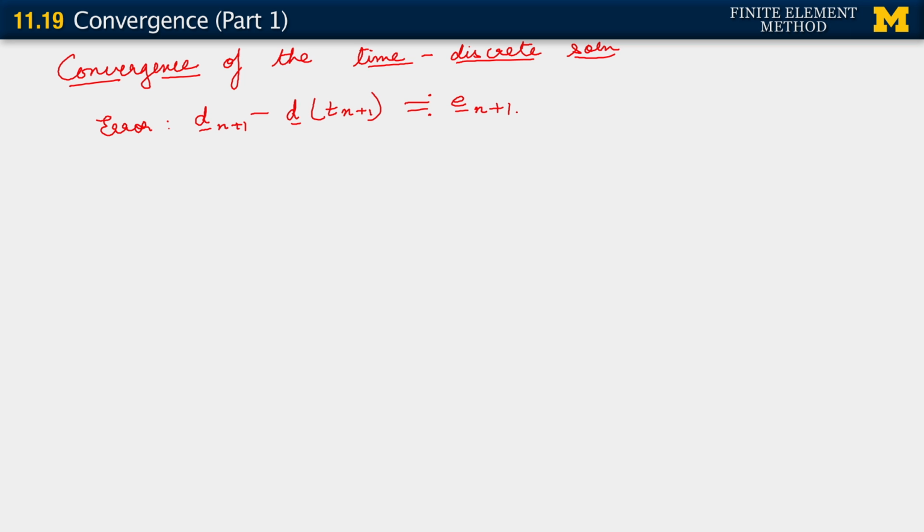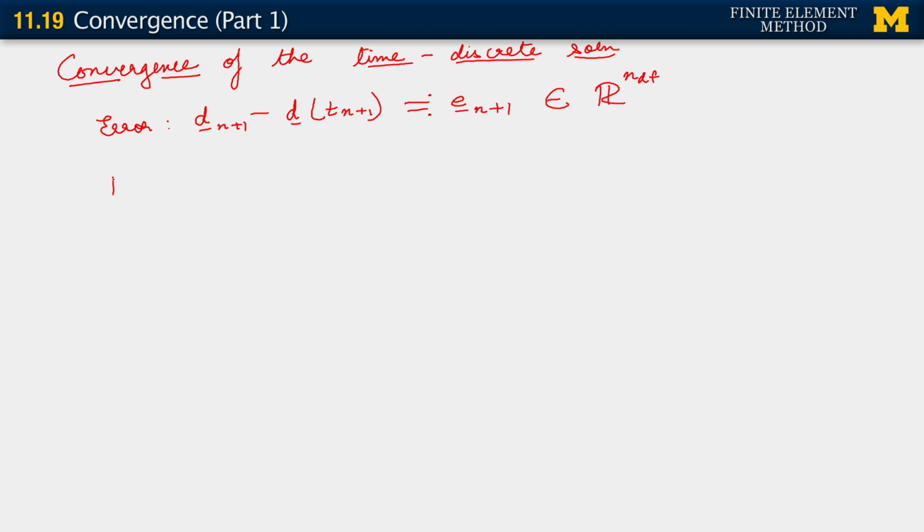Now, E n plus 1 is just another vector in the same space, right? Just as d at n plus 1 and d at t n plus 1 are vectors in this R^NDF space. But what that means is that because we have an orthonormal basis, we can expand E as well in that basis.